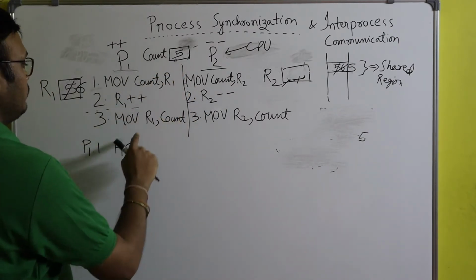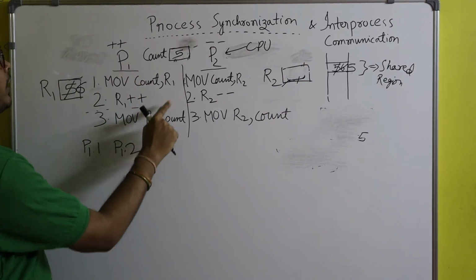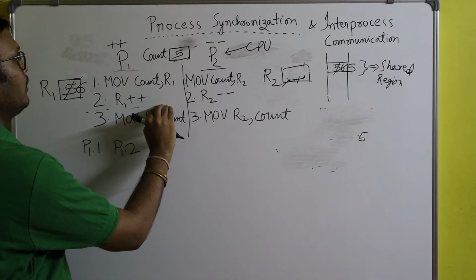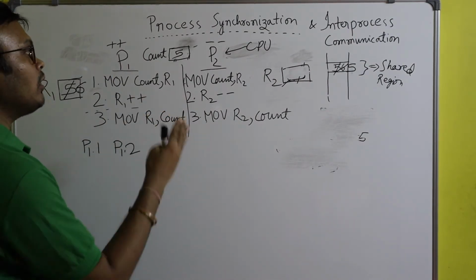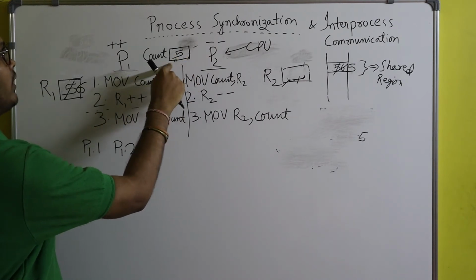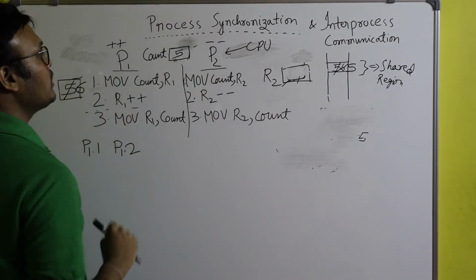Process P1 could not update the value of the count variable, because of the preemption. If process P1 could have updated the value of count, it would be 6, not 5.